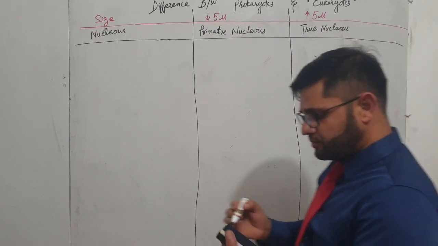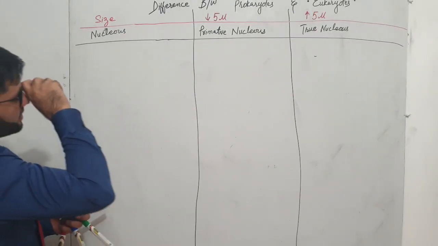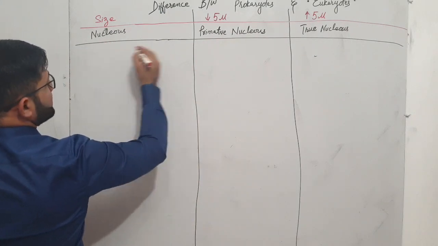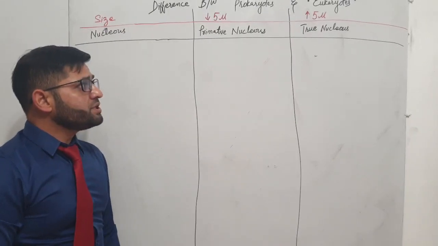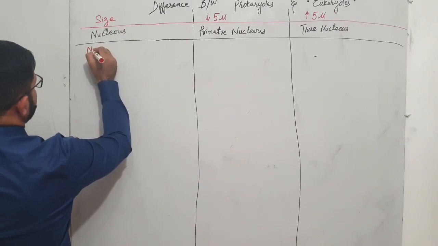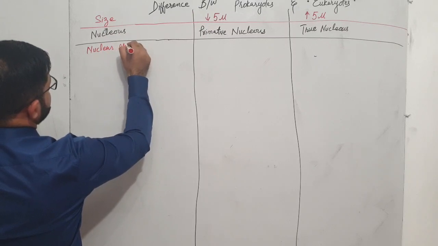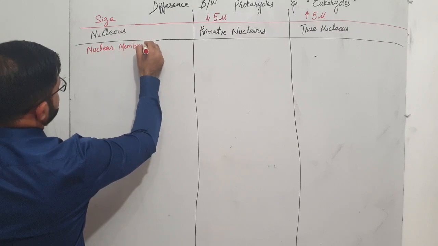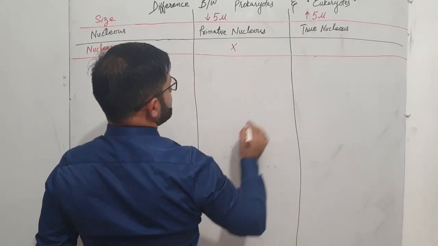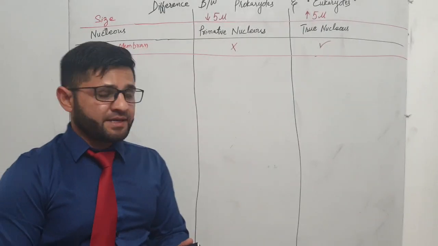Now what is primitive and what is true nucleus? A primitive nucleus is that nucleus whose genetic material is not enclosed in the nuclear membrane. So let's discuss the nuclear membrane. The nuclear membrane is absent in the prokaryotes, while the nuclear membrane is carried by the eukaryotic cells.